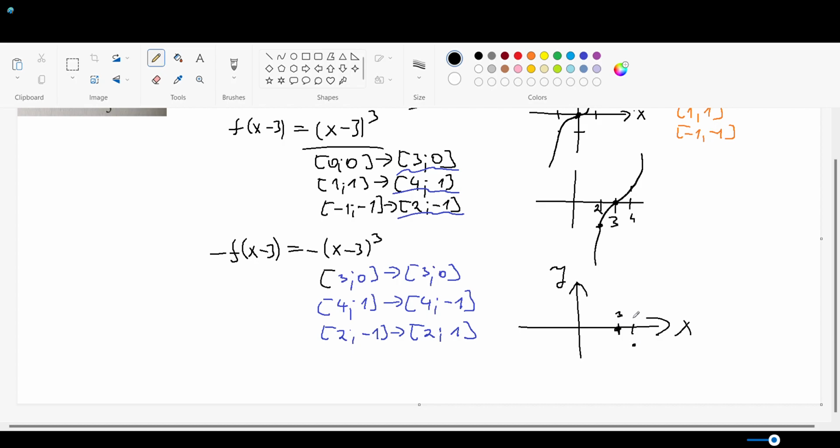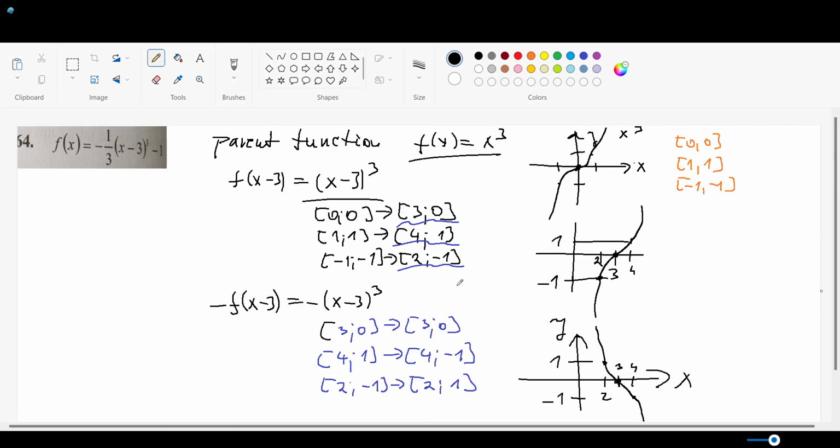This is 3, this is 4, this is 2, and number 2 will be flipped from negative 1 to positive 1, and the positive 1 will be flipped to negative 1. So basically the function, I'm sorry for this, will more or less look like this. So we applied now the negative sign to all y values.